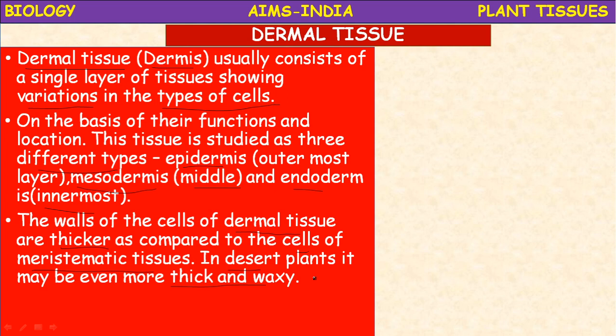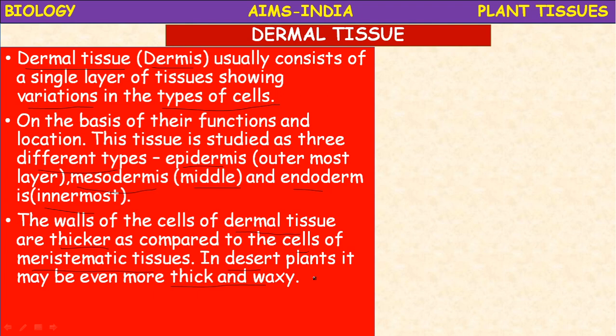The thickness of the dermis may vary from organ to organ to carry out different functions. The main function is protection. This dermal tissue helps to protect the internal tissues.